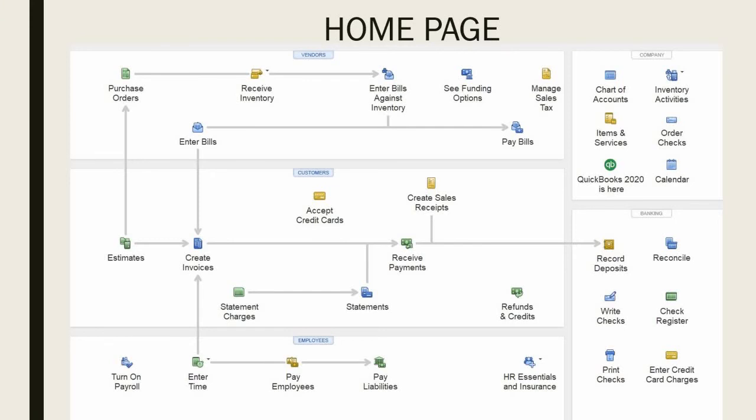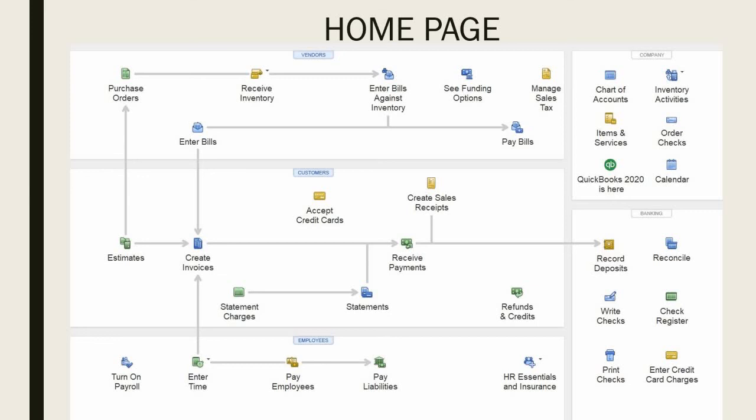Your home page is going to be your number one go-to place to enter the majority of your transactions. As you can see, it is a graphic depiction of a transaction, right? Let's look at the icon under customers that says create your invoice, right? Let's follow that arrow.